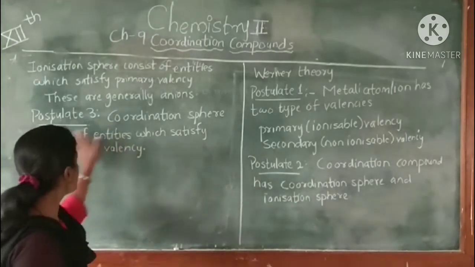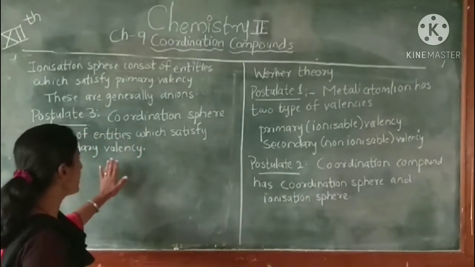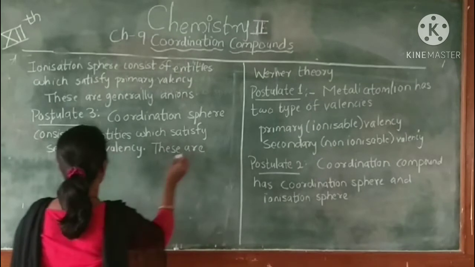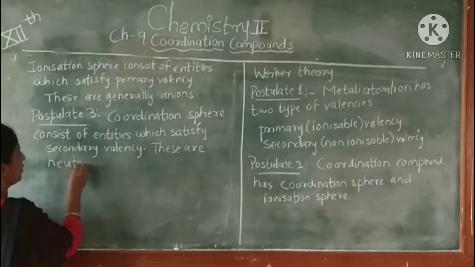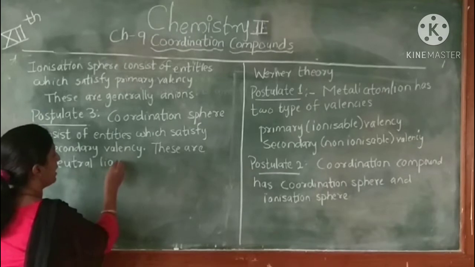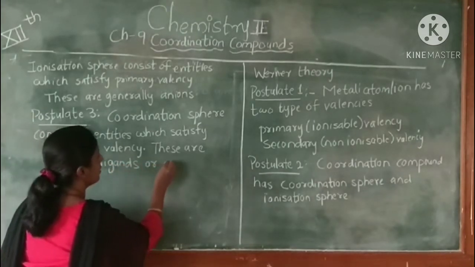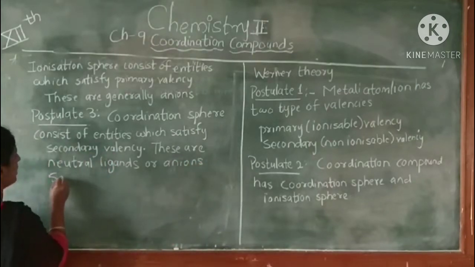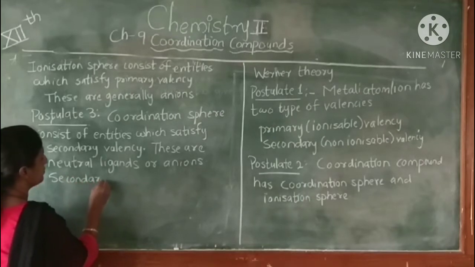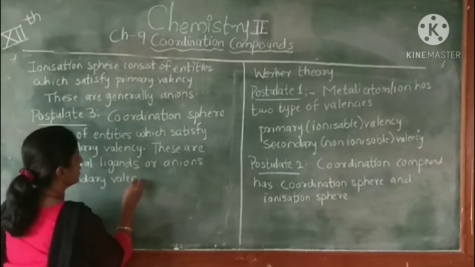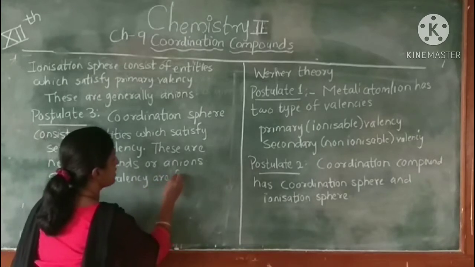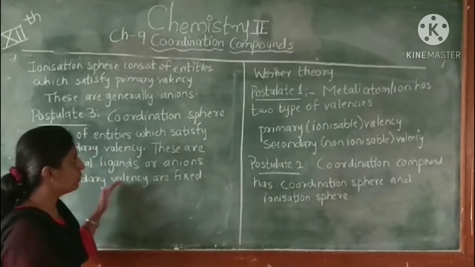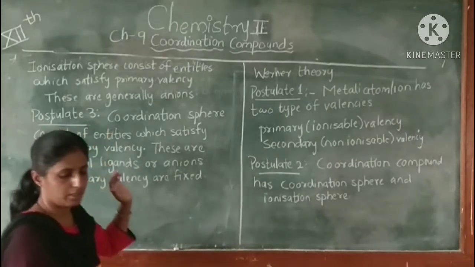So the coordination sphere consists of entities which satisfy the secondary valency, and these are neutral ligands or anions. The secondary valencies are fixed. They are also known as the coordination number of the metal. So this is the third postulate.